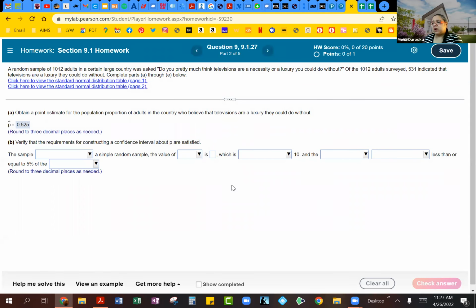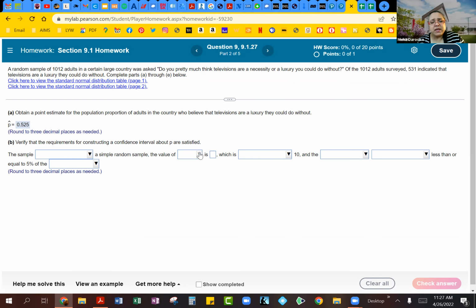Okay, now, I don't know if you guys have had a chance to read through any of this chapter or not, but when you are working with confidence intervals, we have to verify that we are actually meeting the requirements of the confidence interval. So this is where we have to make sure our sample is random. We have to make sure that it's going to be less than 5% of the population.